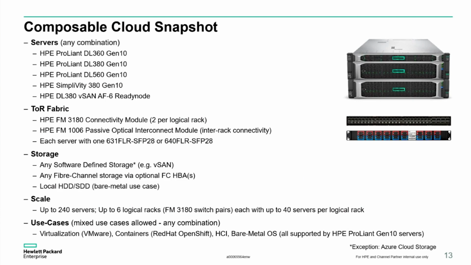So a quick snapshot of just the facts here. This is currently supported on our ProLiant Gen10 core platforms, which are the DL360, the DL380, the DL560 Gen10. So we have both 2-socket and 4-socket, as well as we now support the SimpliVity 380 Gen10 for customers that are interested in running SimpliVity in their environments. And we also support the DL380 vSAN Ready Node All-Flash 6 model that recently came out.